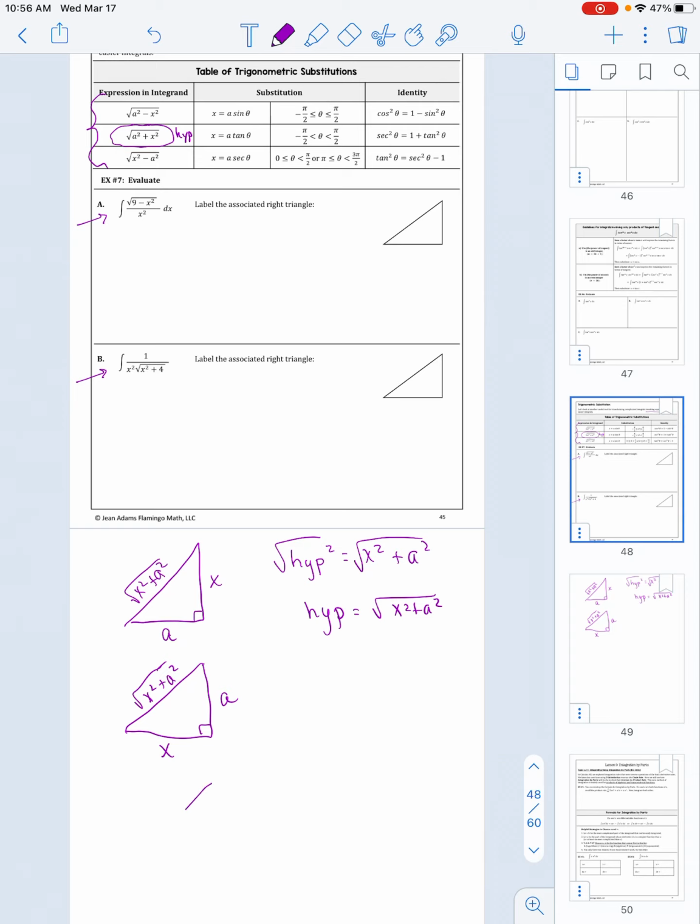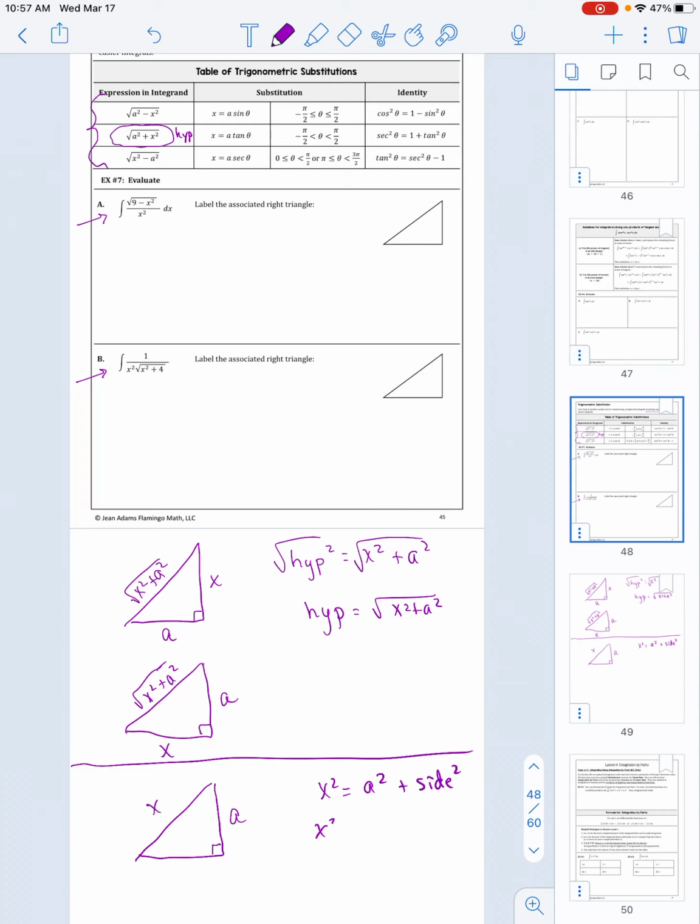And so then that brings us to, well, what if our hypotenuse was the x? And in that case, this side is what I would be looking for. But the Pythagorean theorem says x squared equals a squared plus side squared.